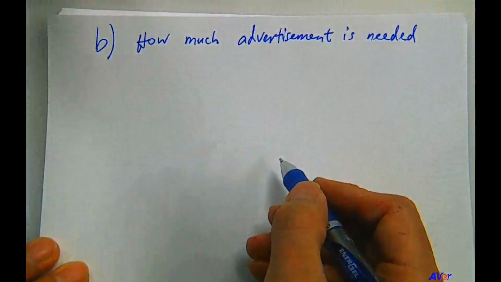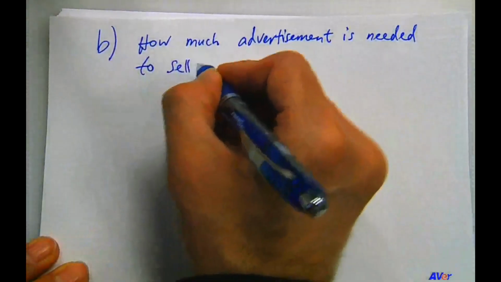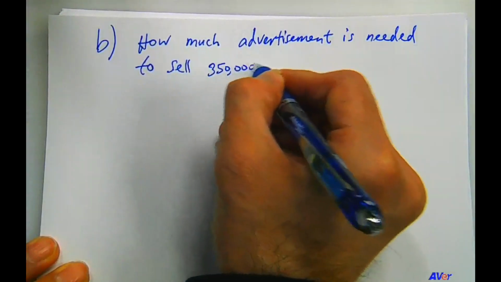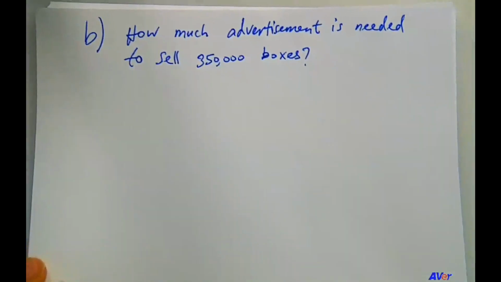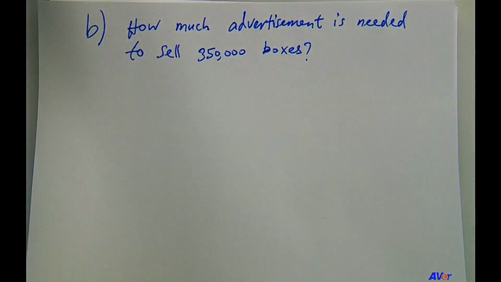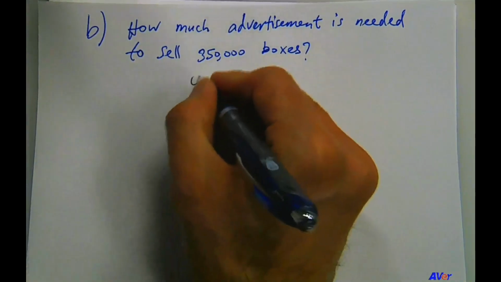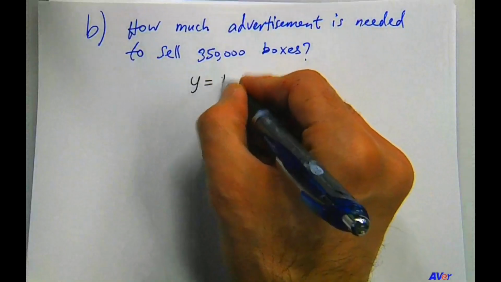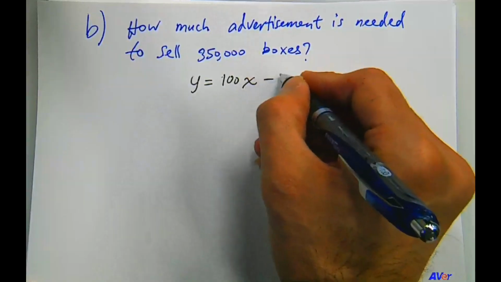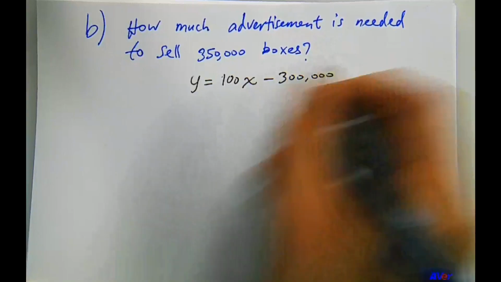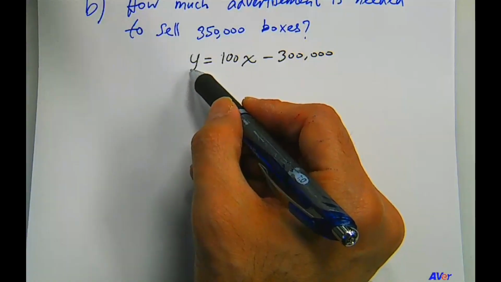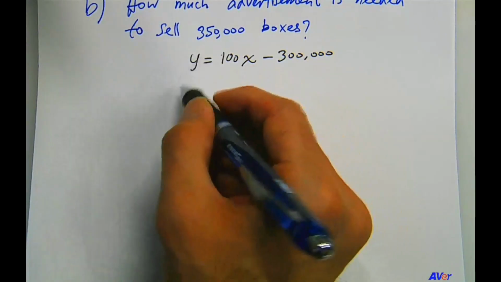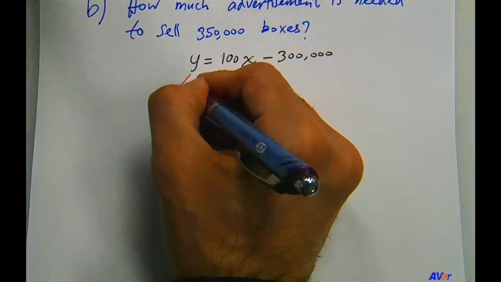In part B, the question is, how much advertisement is needed to sell 350,000 boxes of cereal, right? So let's remember our equation, which was y equals 100x minus 300,000. We can rewrite this equation with its description. So y, which was the dependent variable, was the boxes of cereal sold.